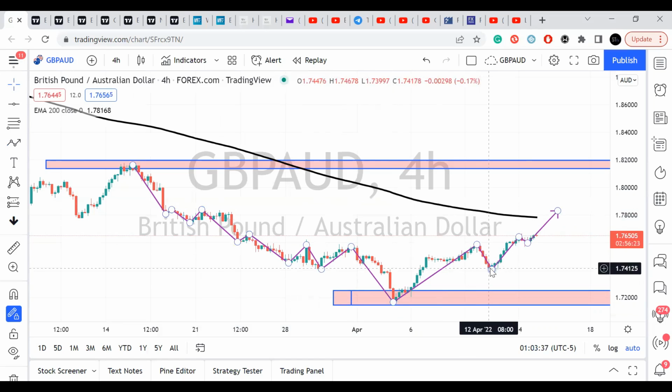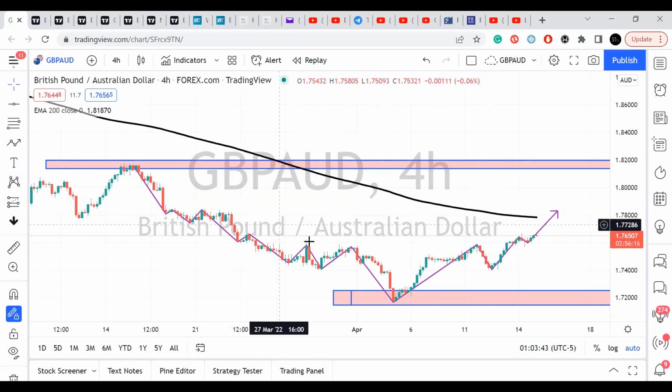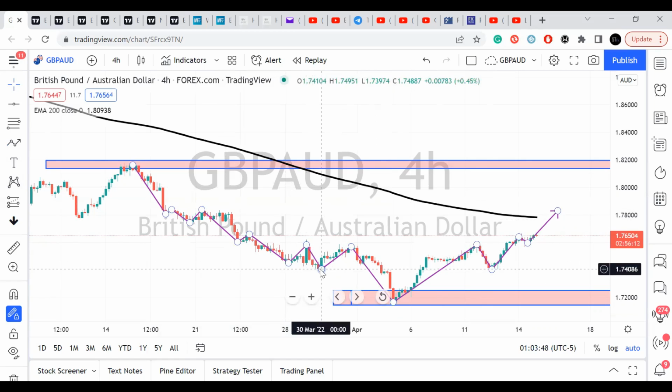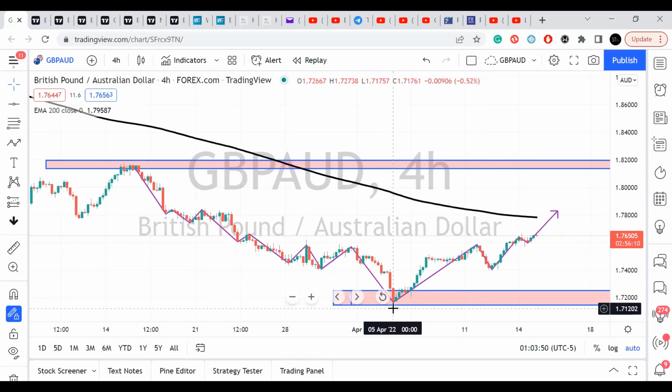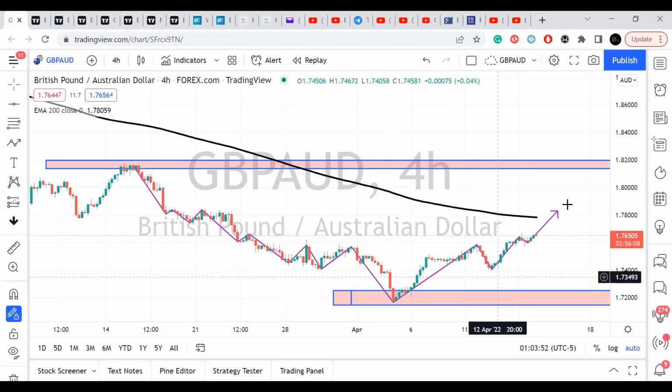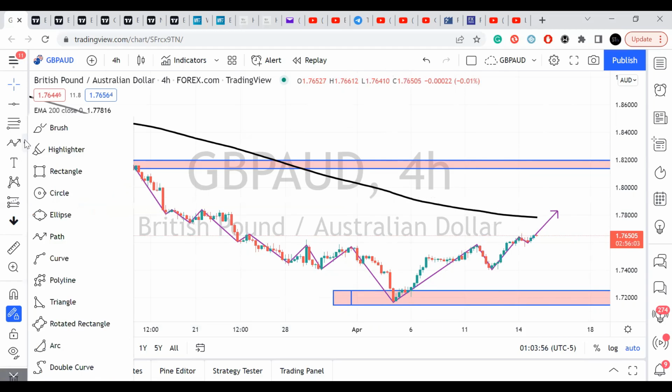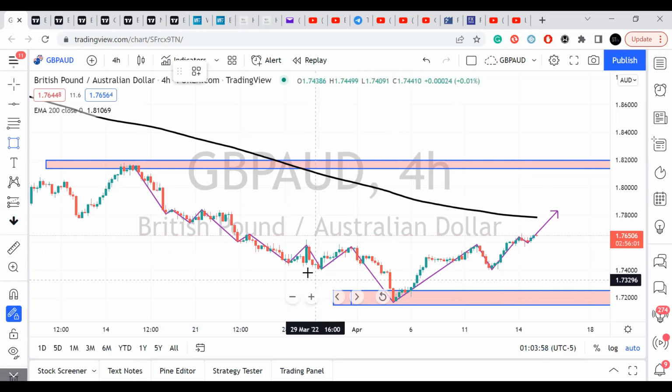Price came back here to retest, actually back to this base here. If you look at it, this is like a left shoulder, head, and right shoulder pattern. See that pattern, right?